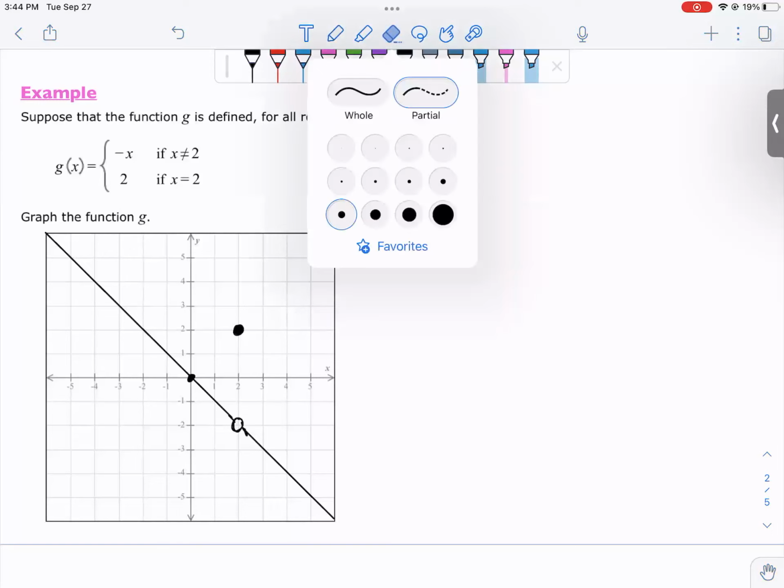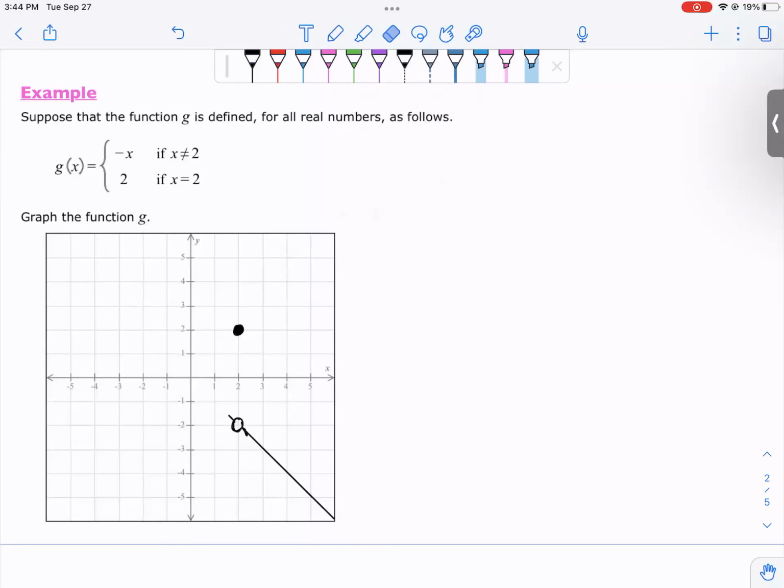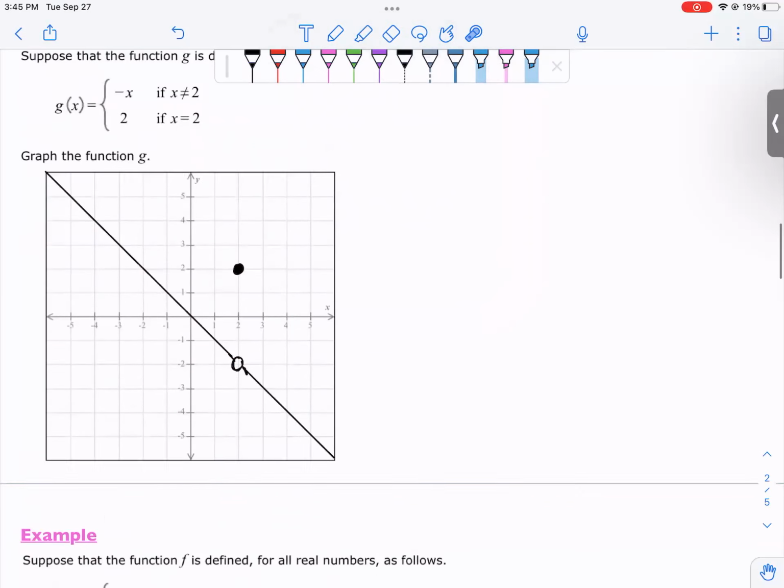And that's my graph. This point that I plotted at the intercept when I was plotting the line, you don't need to plot that point. Really, it's just a line, open circle, where we put this point up here. And that's it. It's done.